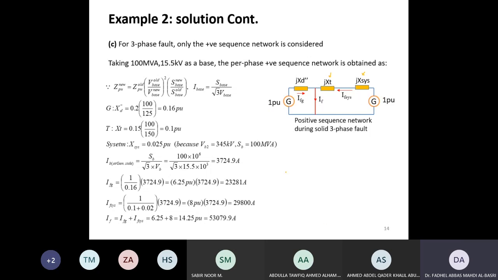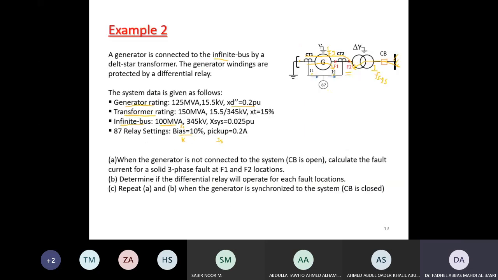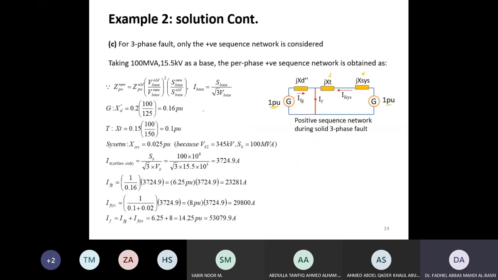So we normally operate at 1 per unit, so I'm assuming the system is at 1 per unit voltage, which is at rated voltage operating. This means 15.5 kV at this side, and this side will be 345 kV, so this becomes 1 per unit, this also becomes 1 per unit.